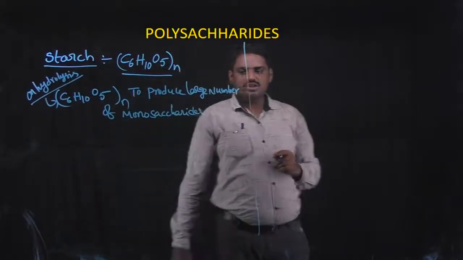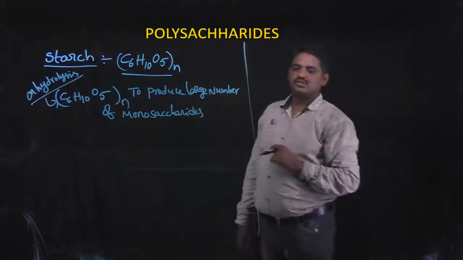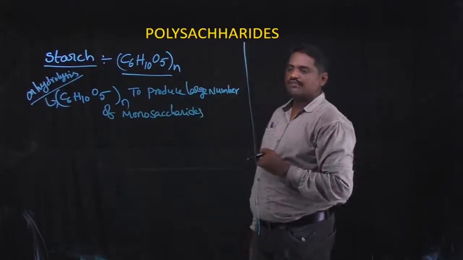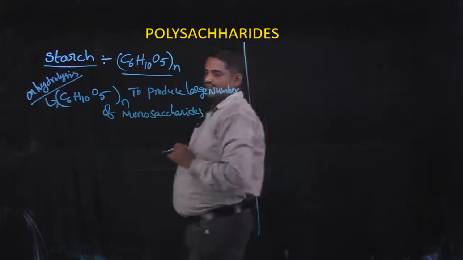So, starch on hydrolysis produces a large number of monosaccharides.